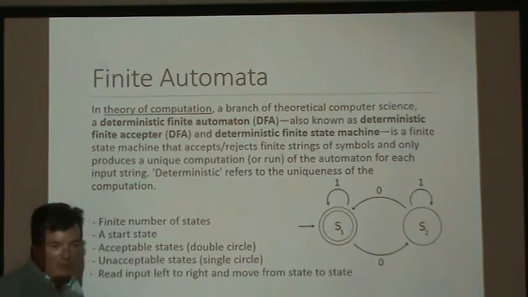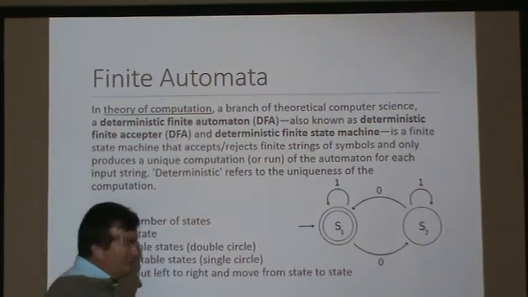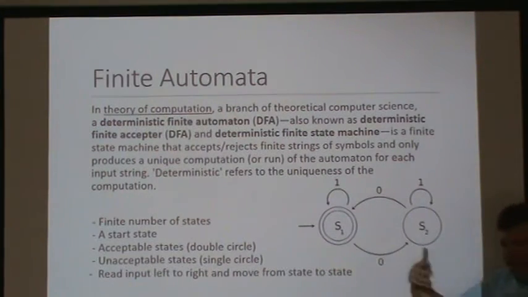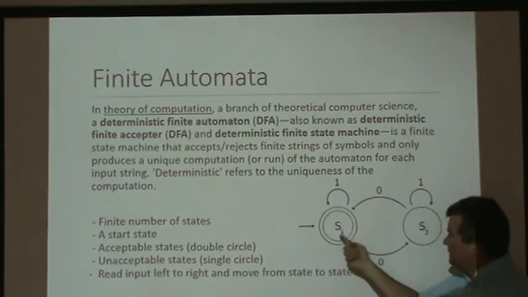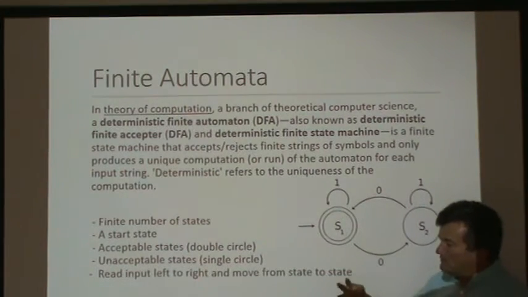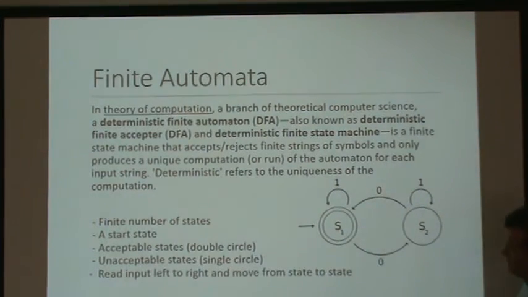As long as the number of zeros is even. So if you had 100 characters and it had 8 zeros in it and the rest were all 1s, it would end up in this state. So it's the language of zeros and 1s that have an even number of zeros in it.